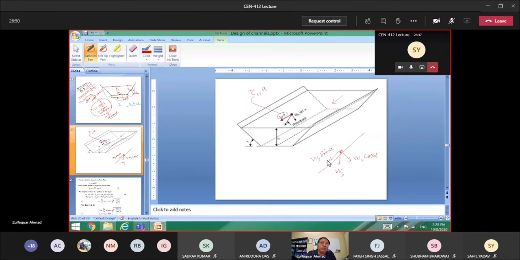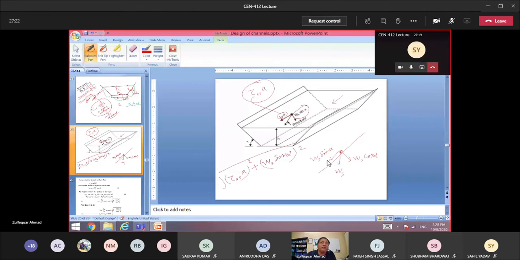There are two forces acting: one due to the flowing water, and WS sine alpha due to the weight. If you take the resultant, it will be equal to the square root of tau SL A squared plus WS sine alpha squared.